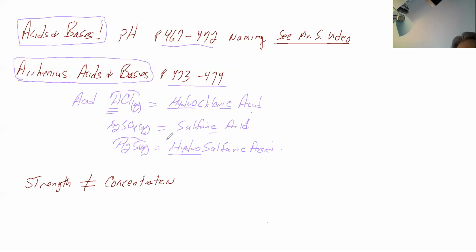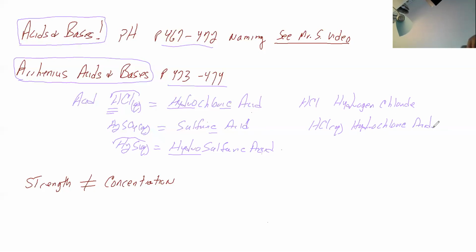So the binary acids always have the prefix hydro and the suffix ic, and obviously acid at the end of it. It's that AQ, because if I said HCl, that's hydrogen chloride. It's only when I put HCl in a solution of water, I have hydrochloric acid.